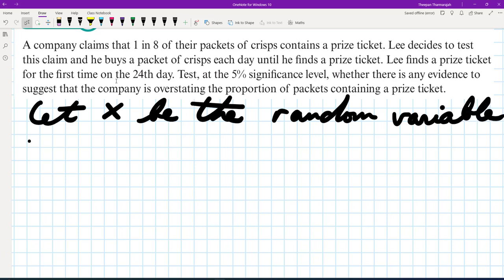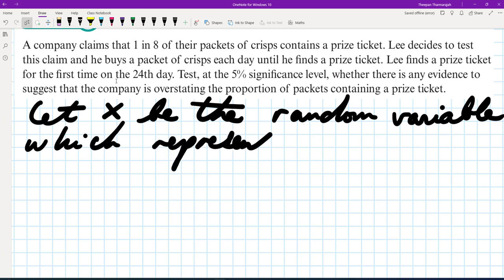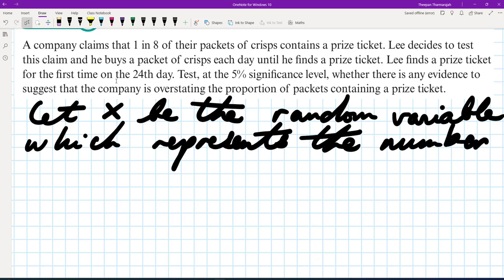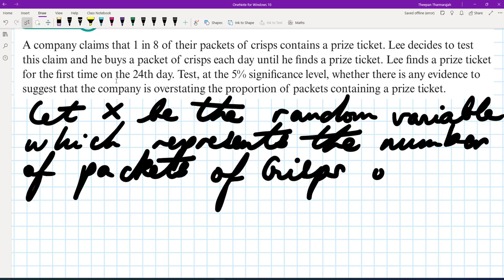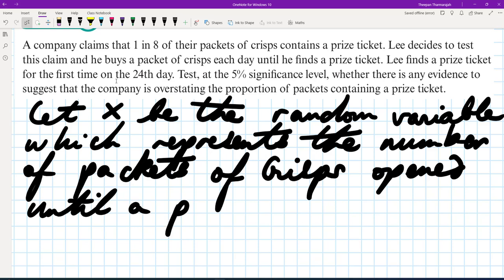which represents the number of packets of crisps opened until a prize ticket is found.